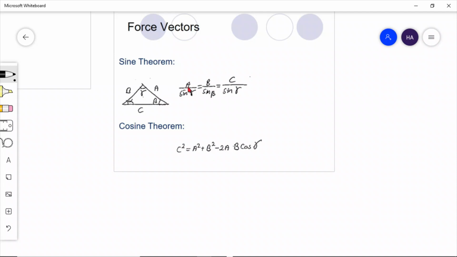So the edge length divided by the sine of the angle that sees the edge is equal to the next edge length divided by the sine of the angle that sees it. Sorry, this has to be alpha, by the way, this is wrong.